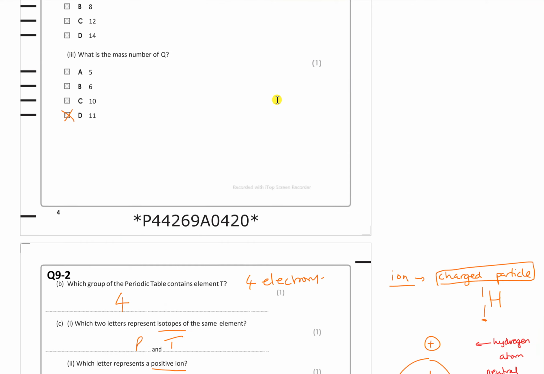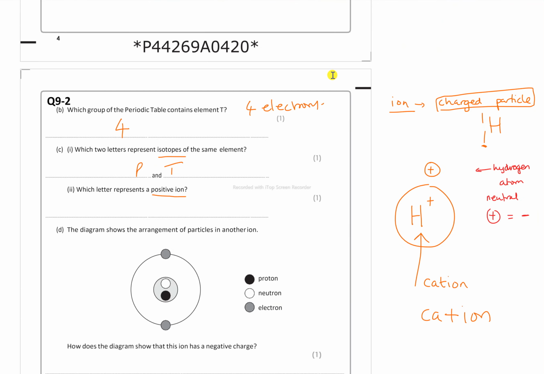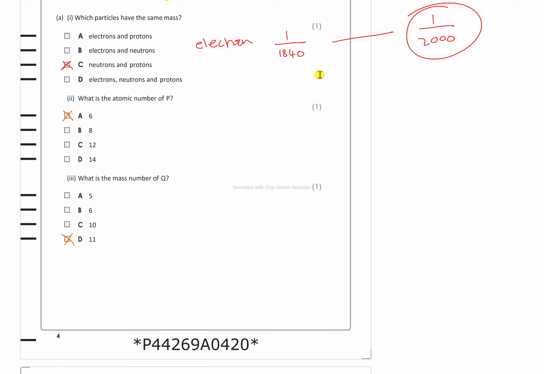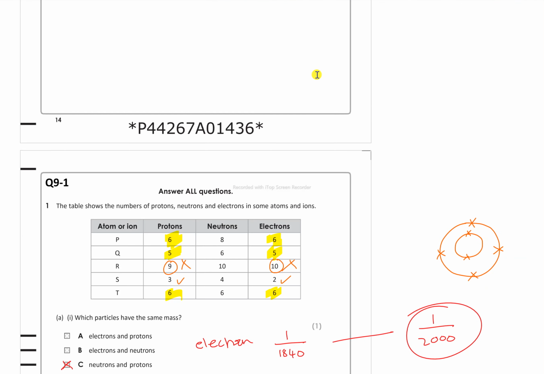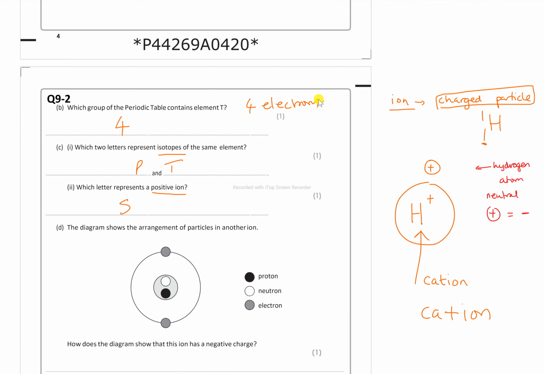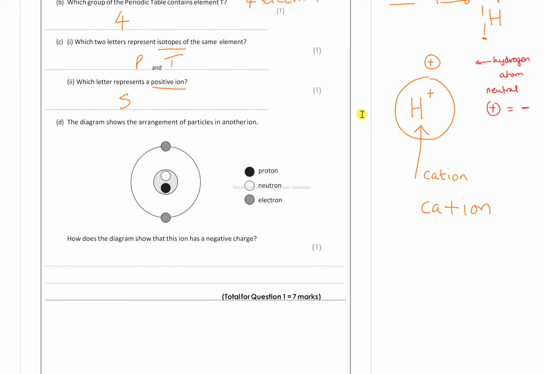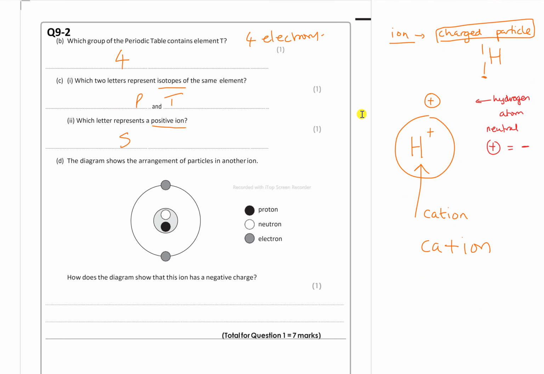And there you go. Which left? Oh, what R? Whoa. Not R, what am I talking about? S. Can't read. It's S. Okay. How does this diagram show? So that is a plus. That's neutral. And you've got two minuses.